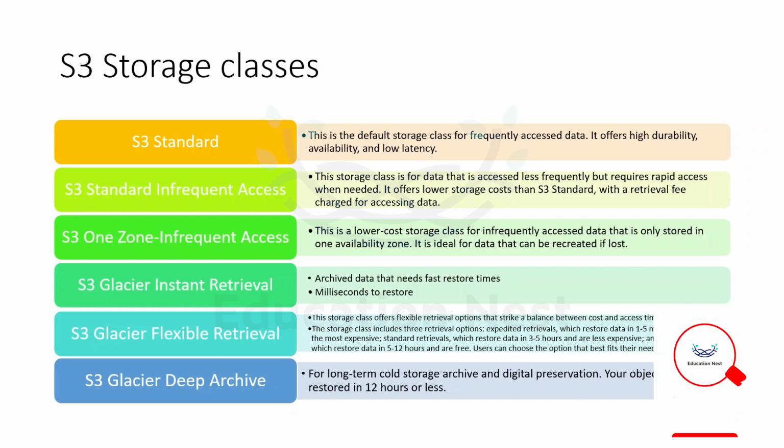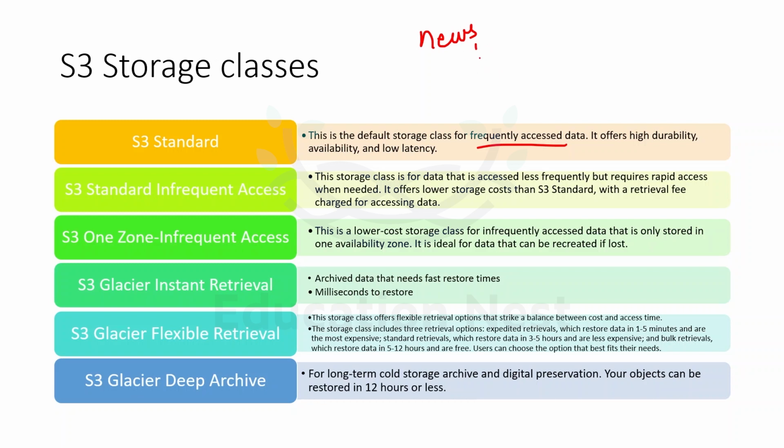So what is S3 Standard? This is the default storage class when you upload any object. It is for frequently accessed data. Let's take one example for better understanding. Take current news, generated from today to one week of time.